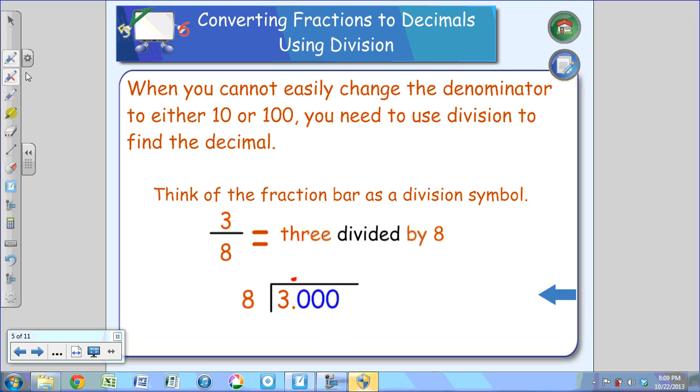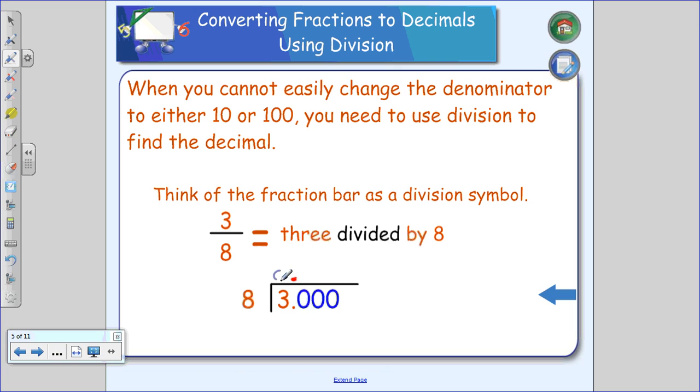8 into 3, we already said that wasn't going to work. So it goes none. So now I'm going to do 8 into 30. So how many times does 8 go into 30? Well, it goes 3 times, because 8 times 3 is 24.